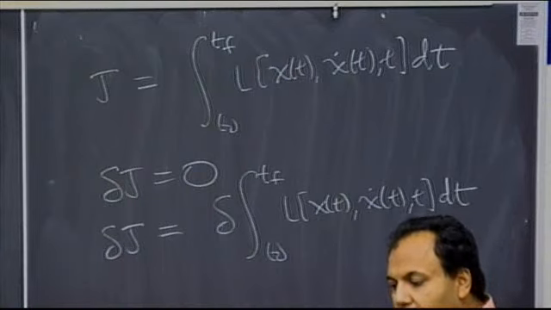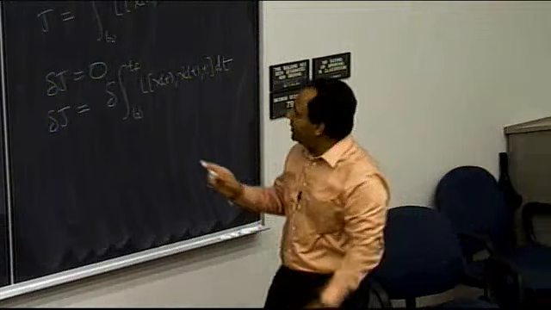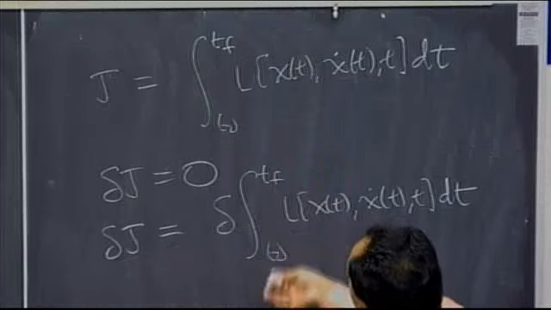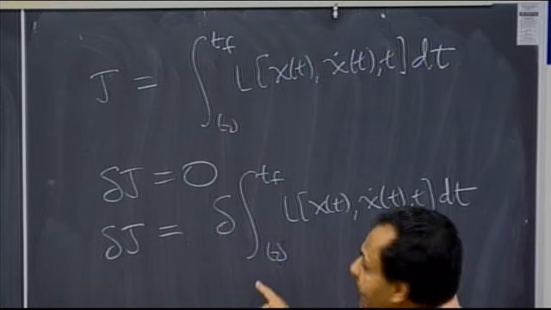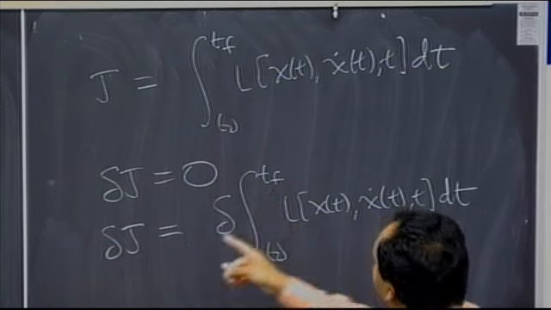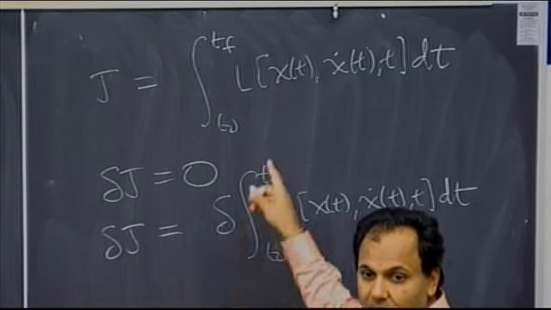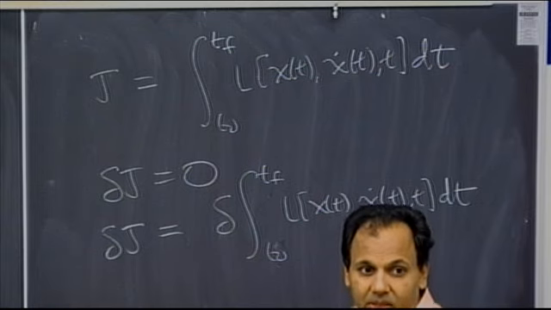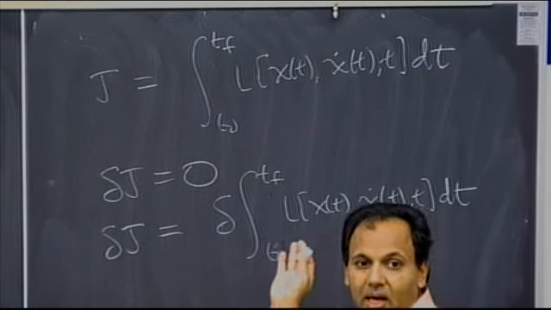So the endpoint times are now fixed in this case, right? So in this integral, what is not changing? t0 is not changing, because it's fixed. tf is also not changing, right? So when I take the variation, I don't have to worry about the variation in the endpoint times, t0 and tf, because neither one of them is changing. So I can immediately put the variation inside the integral.